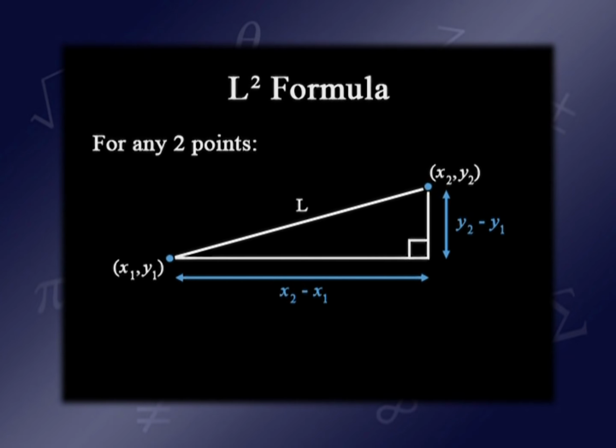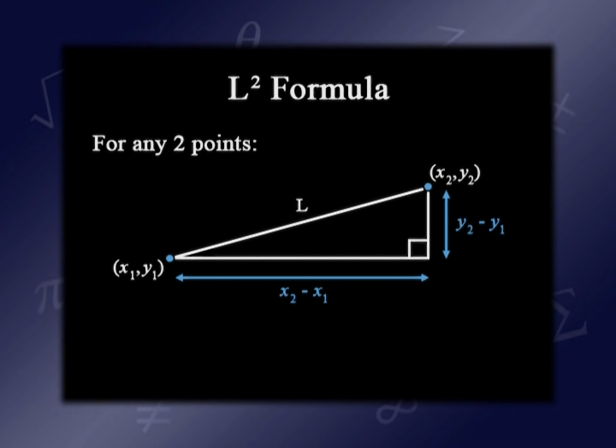Here's another formula that will come in handy later. If we take any 2 points, not necessarily the point 0, 0, but any 2 points, let's say x1, y1 and x2, y2, and we want to calculate the length of the line that connects them, then by drawing a triangle just like the one we saw before, we can calculate this by looking at this right triangle. The base of that right triangle has length x2 minus x1 by subtracting the x coordinates.